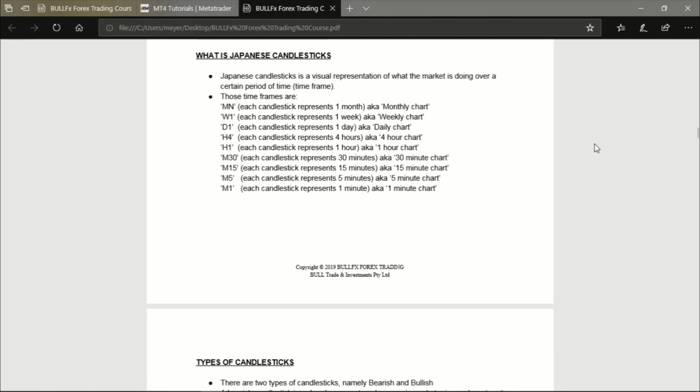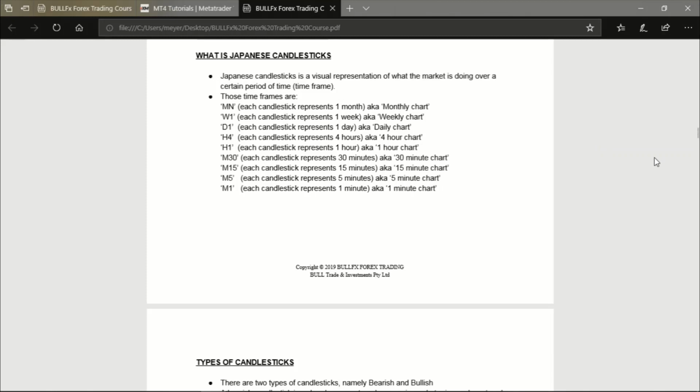Then we've got M15 where each candlestick represents 15 minutes, also known as a 15-minute chart. Then M5 where each candlestick represents 5 minutes, a 5-minute chart. We've got M1 where each candlestick represents 1 minute within the market, and that is known as a 1-minute chart.